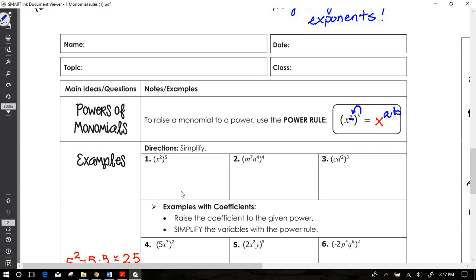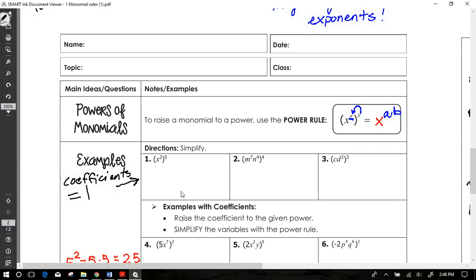All right, so let's look at our examples here, 1, 2, and 3. Now with all three of these examples, my coefficients are 1, just like on our last lesson. Coefficients are equal to 1 in this case.